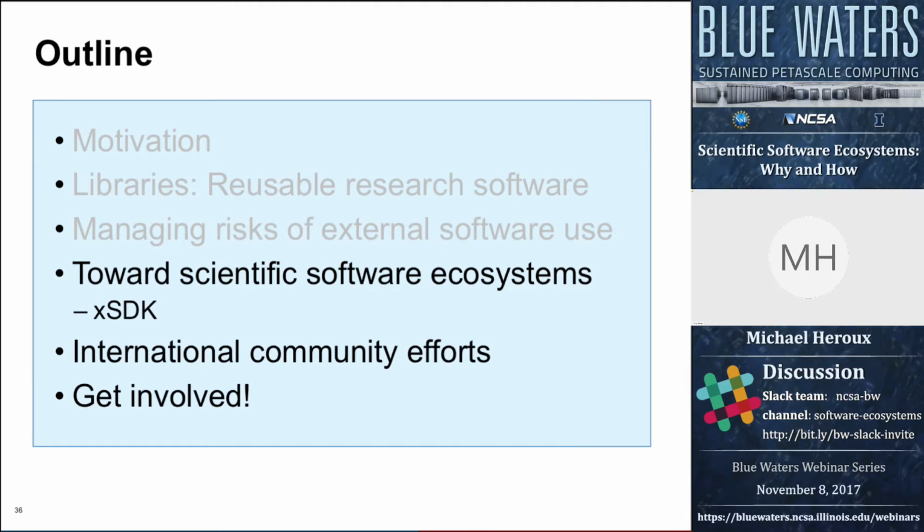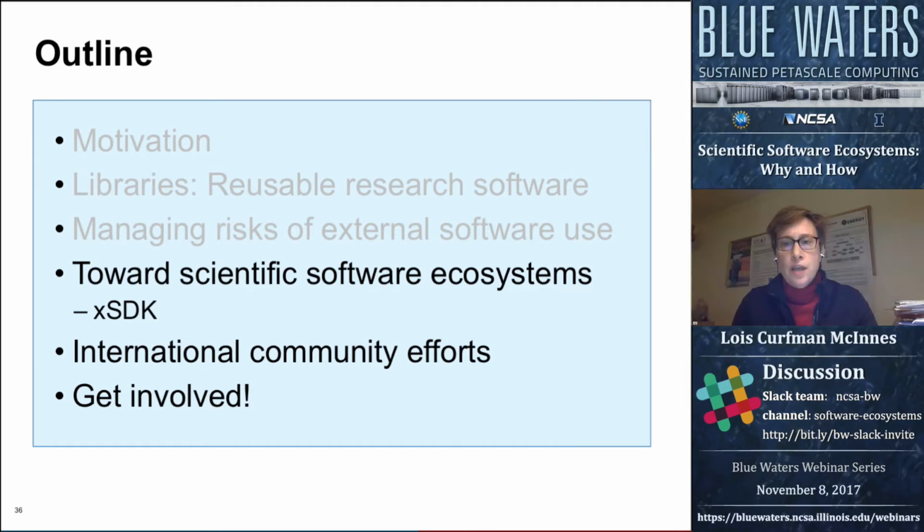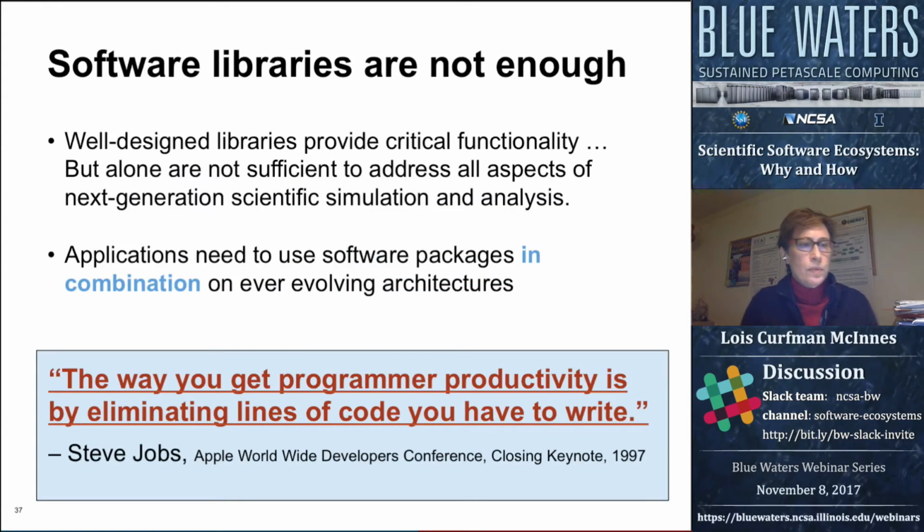So now we'll move on to talk about scientific software ecosystems. As we've discussed, software libraries provide a broad range of important capabilities, and there are many wonderful libraries that exist. But alone, a single library, or even using 2 or 3 together, is really not enough to address all aspects that are needed in next generation computational science.